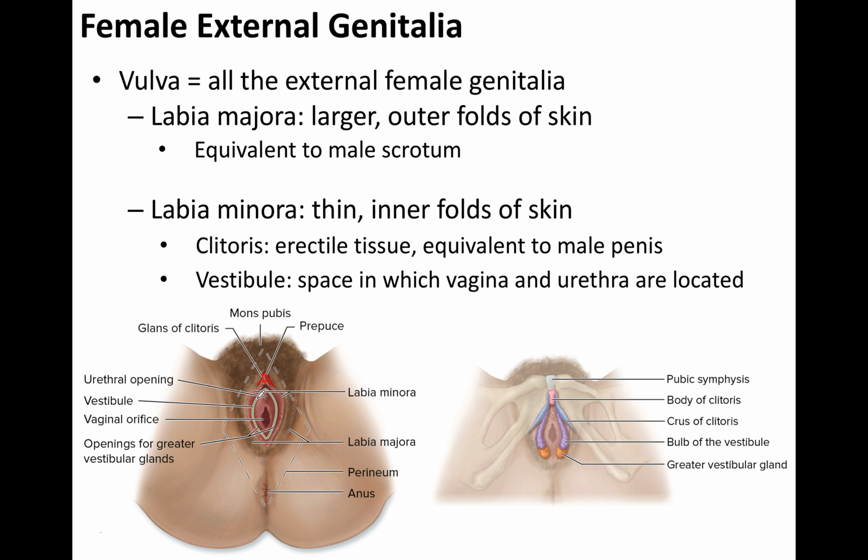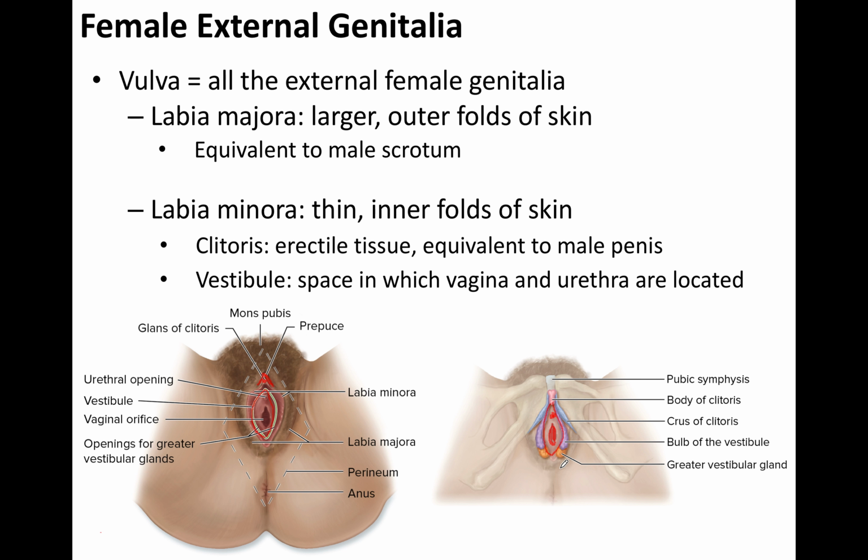This area right here is the vestibule. Over here on this picture, this area right here is the vestibule. It is where the urethral opening is, as well as the vaginal opening. So there's the urethral opening, and this is the vaginal opening.